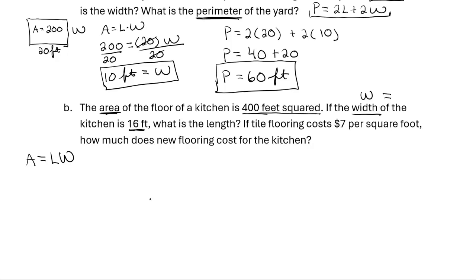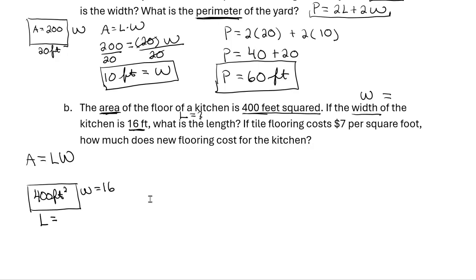What is the length? So L is what we're trying to find. I'll go ahead and draw my picture just to kind of get started here. So area is 400 feet squared. My width is 16, and my length is something I don't know.